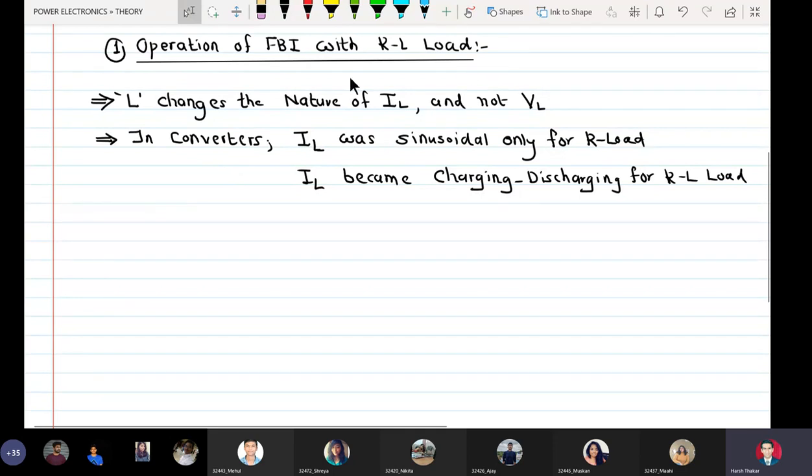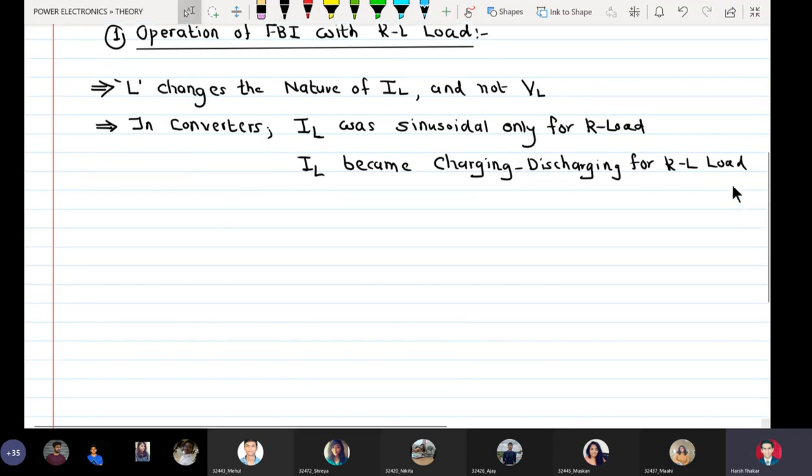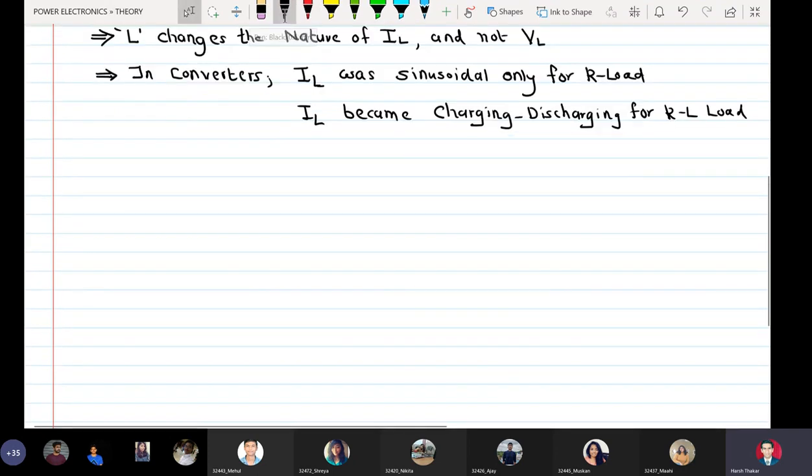So in case of converters, VL was having a nature like this: zero, alpha, pi, pi plus alpha, 2 pi.